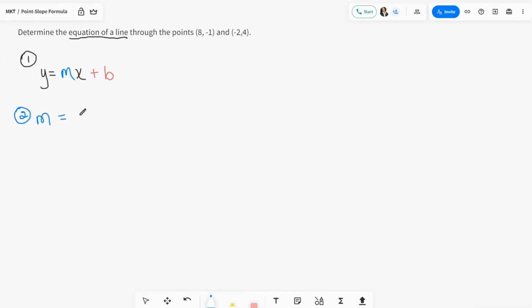Our slope is found by taking the second y value, subtracting the first y value to find a numerator, and then taking the second x value and subtracting the first x value to get our denominator. Now, where are these x's and y's coming from? I'm so glad you asked.